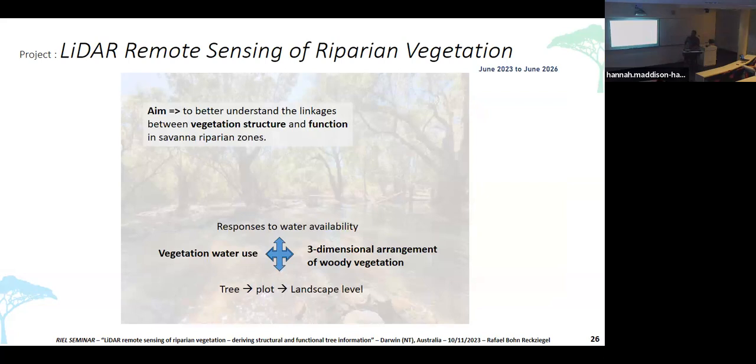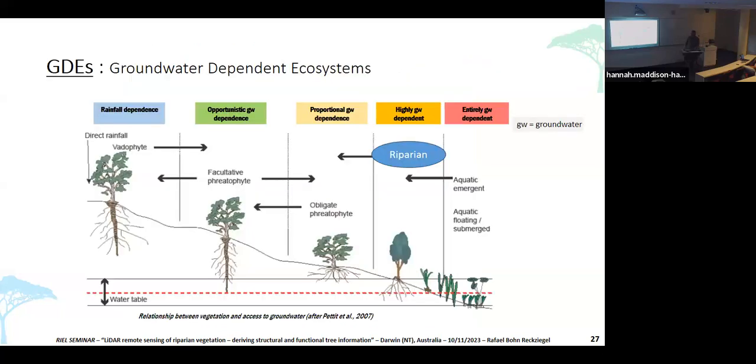We're going to talk about water use from trees and vegetation, and also the three-dimensional arrangement of the woody vegetation, as you saw before, but also whether we can sense responses to water availability in different ecosystems, thinking from tree to plot and then landscape level.